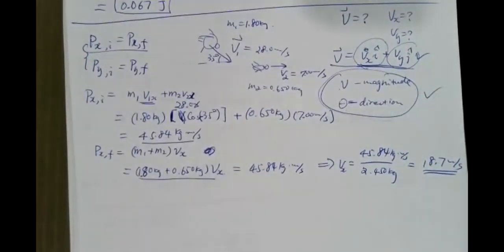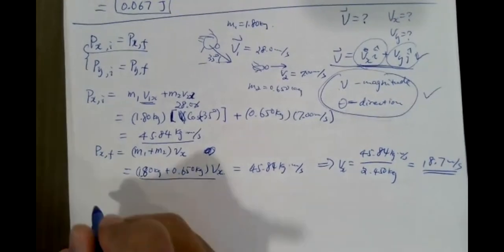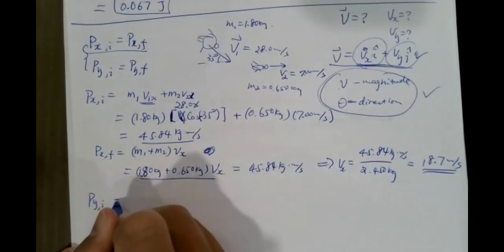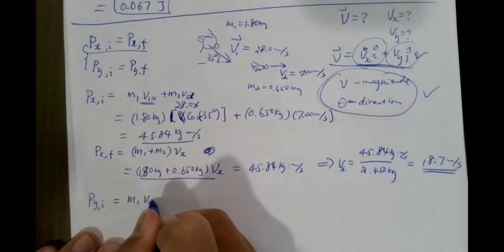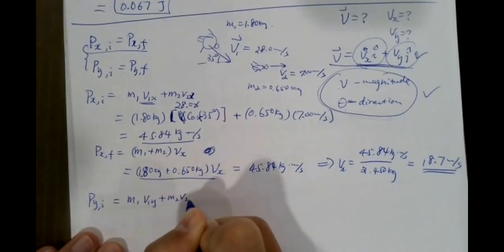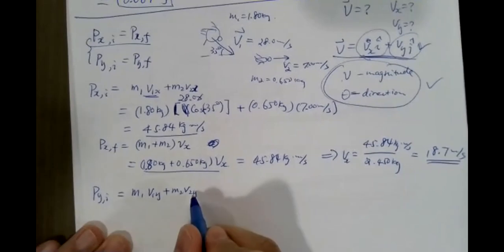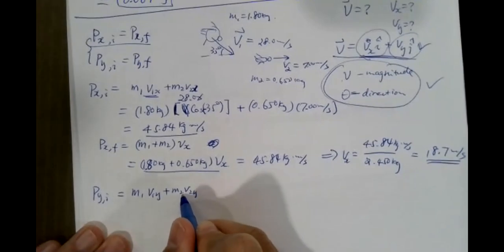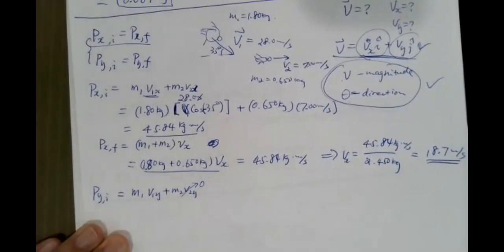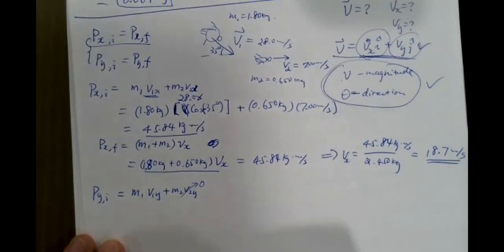You can do the same for the y component. So py initial is equal to m1 v1y plus m2 v2y. m2 v2y should be 0 because for the Falcon, its initial velocity is just in the x direction, so the y direction is 0.